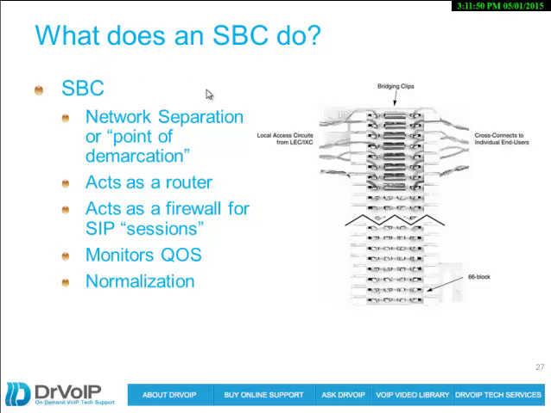It provides network separation. It acts as a point of demarcation. It acts as a router, mediating the call setup between your internal phone system and the carrier's soft switch. It acts as a firewall, it monitors QoS, and it provides something called normalization.